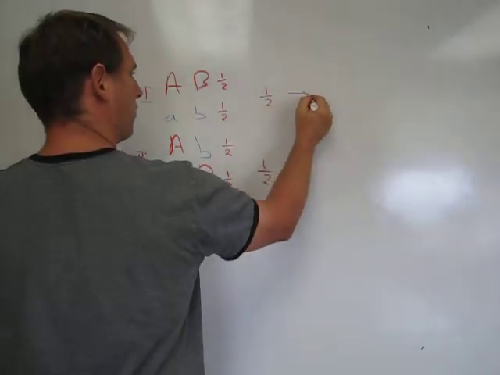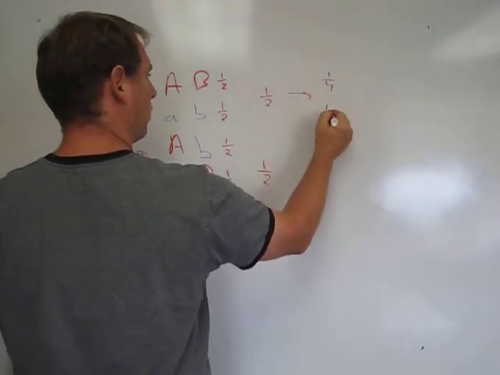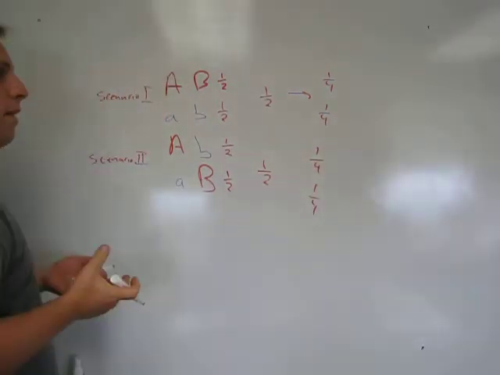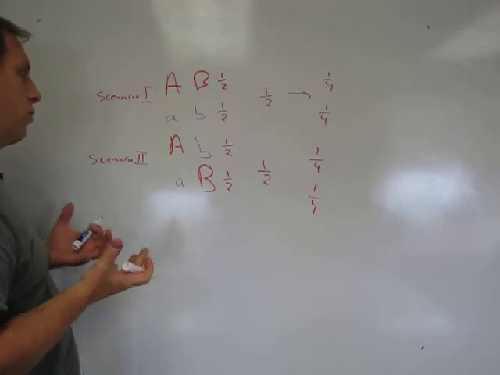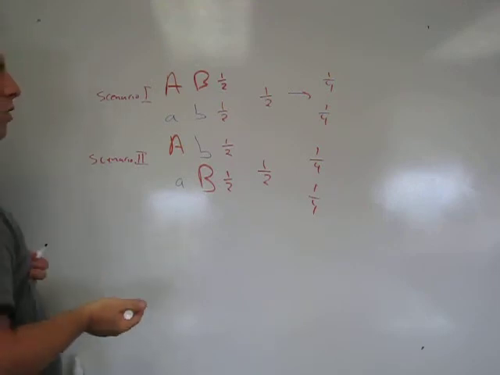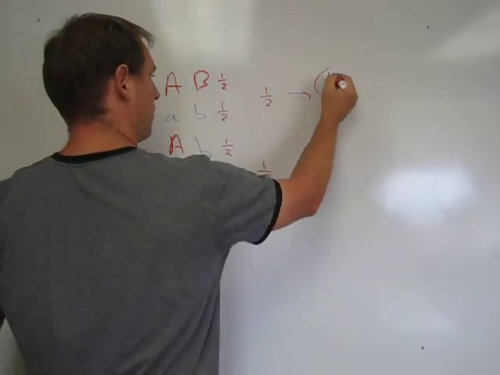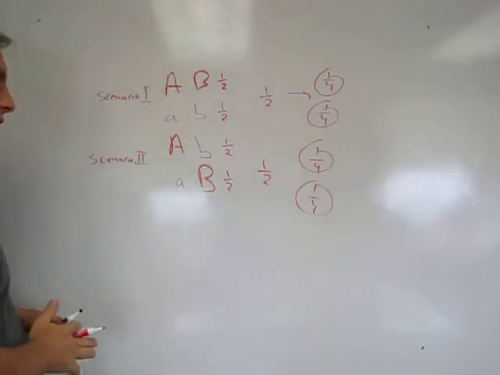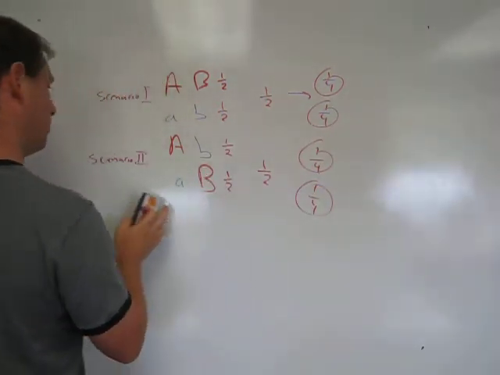So what this gives you is 1/4, 1/4, 1/4, and 1/4. So an individual that has these chromosomes and alleles in this arrangement will produce these particular types of gametes in equal frequency.